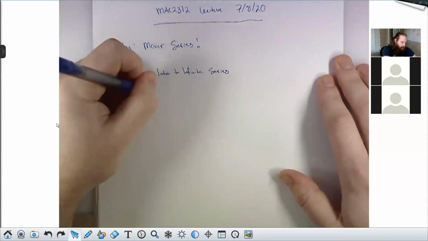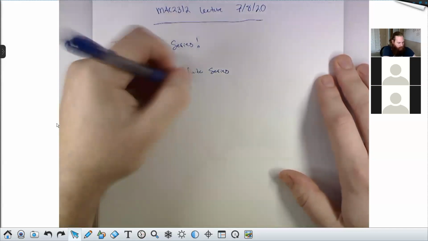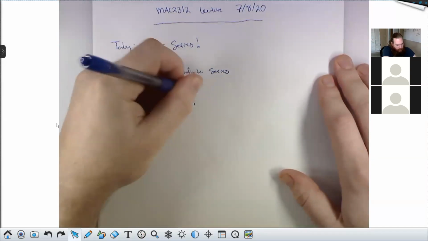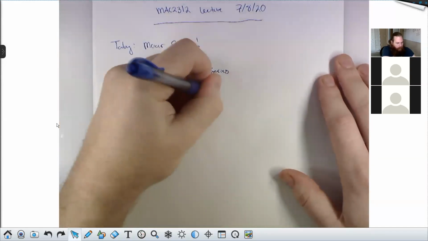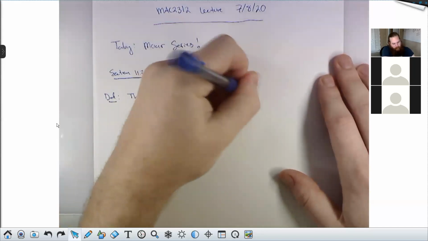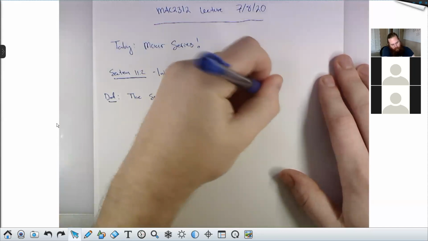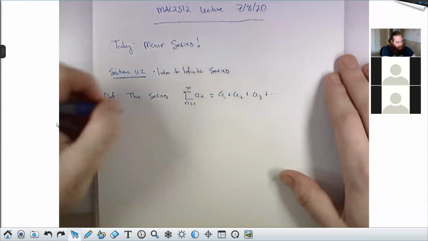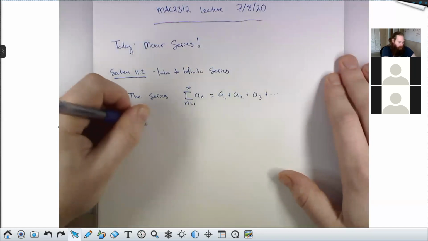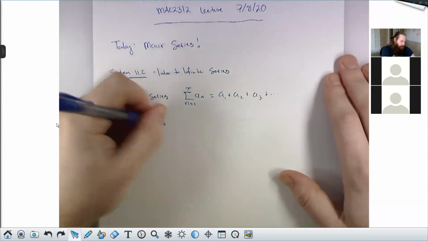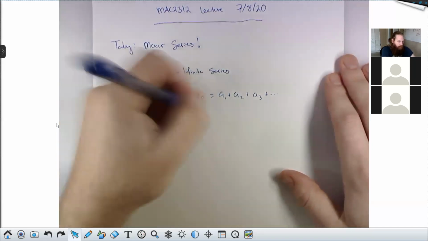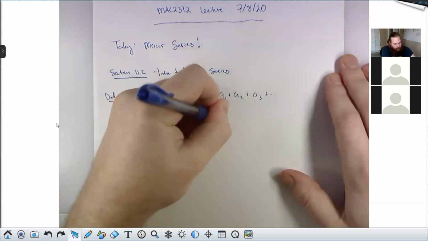The series sigma n equals 1 to infinity of a_n, which is a1 plus a2 plus a3 plus and so on forever, is defined as the limit of partial sums.